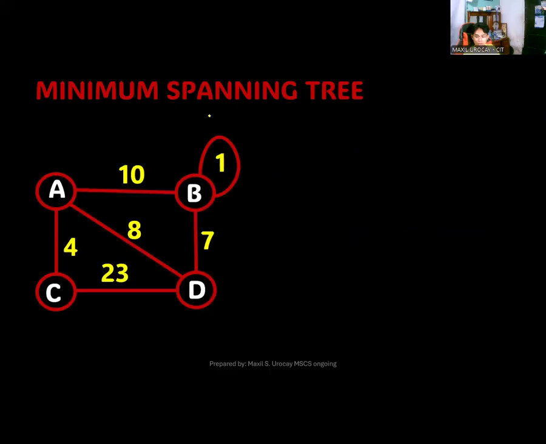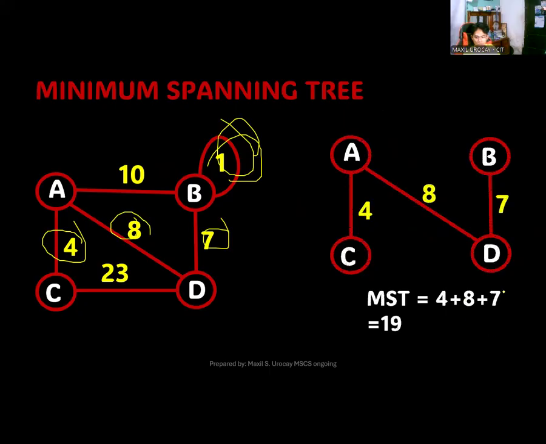And of course, in this particular minimum spanning tree, the minimum will be the 4, and the 7, because 1 is a cycle, so we cannot choose 1. And 8 could be included, so 4, 8, and 7, and that equals 19.